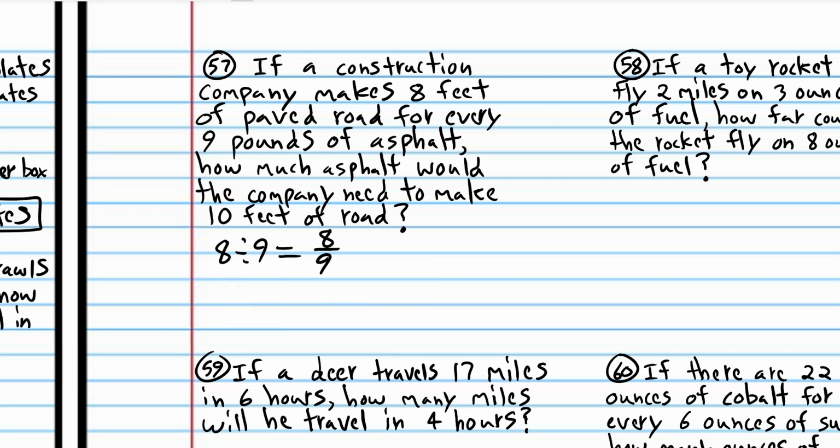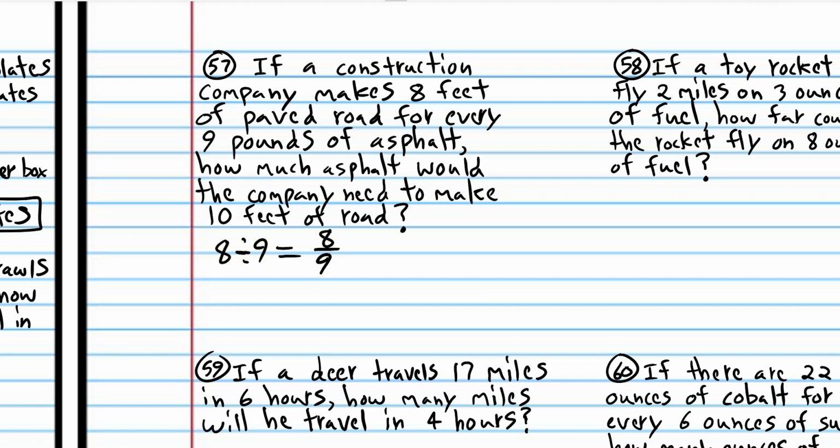Again, we haven't gone over this much, but this is your introduction to this type of thing. 8 divided by 9 is just interpreted as 8 over 9. Again, if you're going to convert a fraction to a decimal, you would take 8 over 9, and you would just take the numerator and divide by the denominator. You learned how to do that when we converted fractions to decimals, but now we're going backwards. We're considering 8 divided by 9 as a fraction.